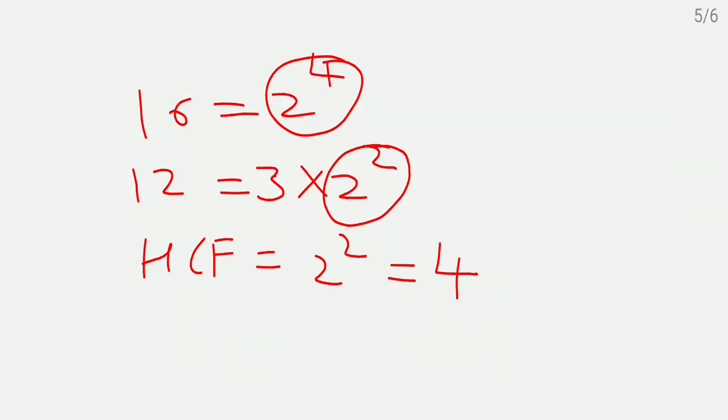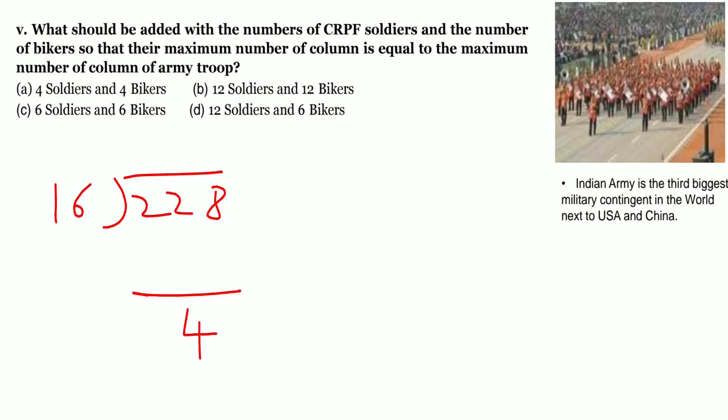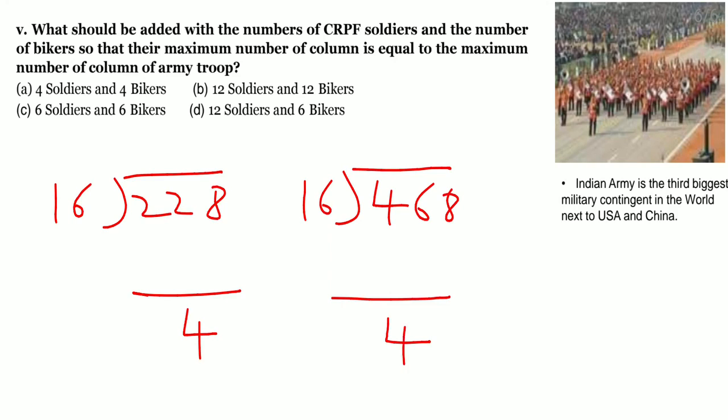Now come to the next question, the fifth one. What should be added to the number of CRPF soldiers and the number of bikers so that their maximum number of columns is equal to the maximum number of columns of army troops? So already we have done 228 divided by 16, our remainder was 4, and 468 divided by 16, once again our remainder was 4.